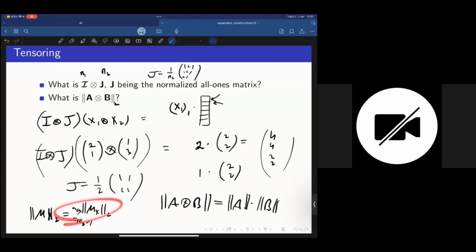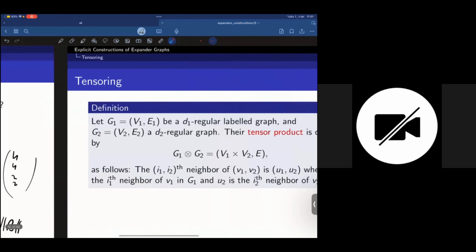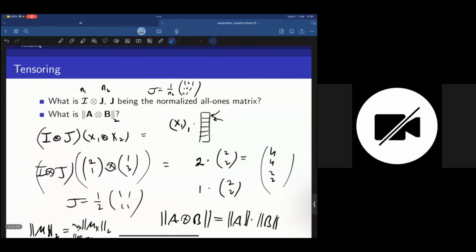And you can easily translate it to an equation. There's a nice property for the 2 norm. We can take the spectral norm of the transpose times the operator, and if we're talking about the symmetric one, then it's just the spectrum. We'll talk about that a bit later.